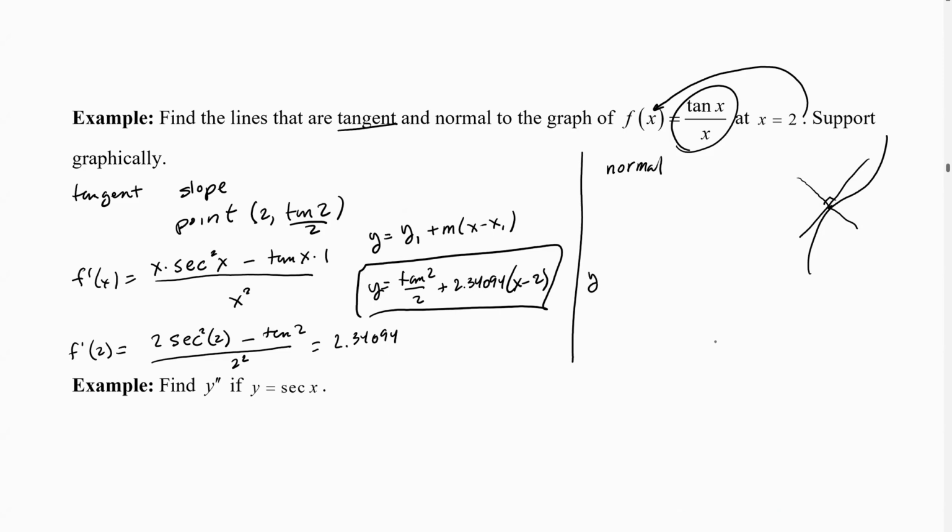Everything's the same about our solution, tan 2 over 2, except instead of this number, we are going to use the negative reciprocal of that number, because slopes that are perpendicular to each other are negative reciprocals of each other. So if I just make that change to the slope, leaving the point the same, I should get a normal line.